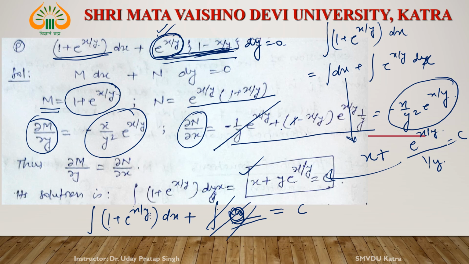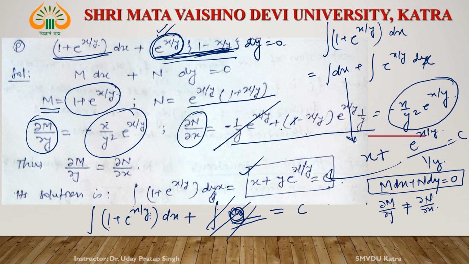Now see some problem. Suppose a differential equation M dx plus N dy equal to 0, and for this differential equation dou M by dou y does not equal dou N by dou x.